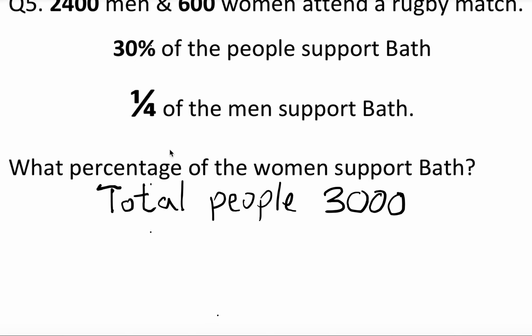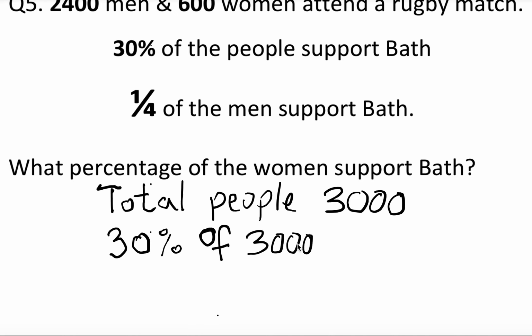30% of the people support Bath. So 30% support Bath. So what's 30% of 3,000? Well, it's 3,000 times 0.3.